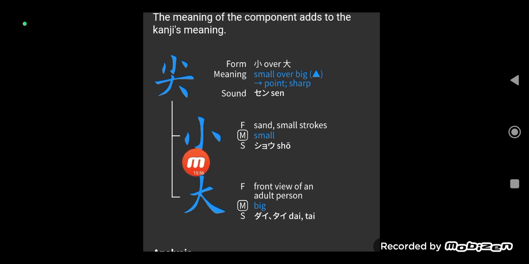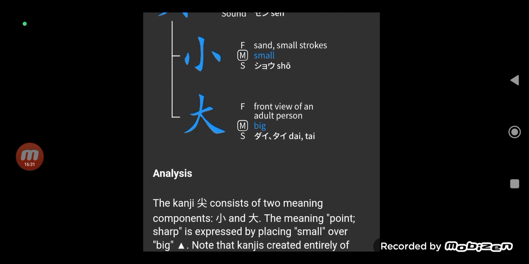This kanji is also a radical meaning small, and it is put together with the kanji meaning big, o or dai. So I also want to emphasize here, minasan, that not only is a kanji formed through the combination of components, but there are also relations of components. So you have to understand and rather memorize the relation of components and how they interact.